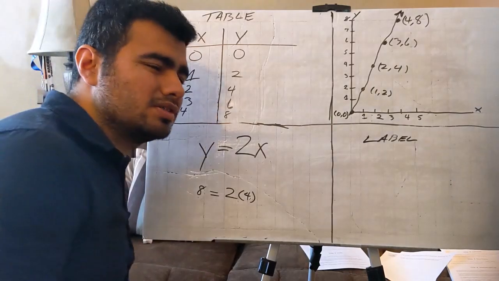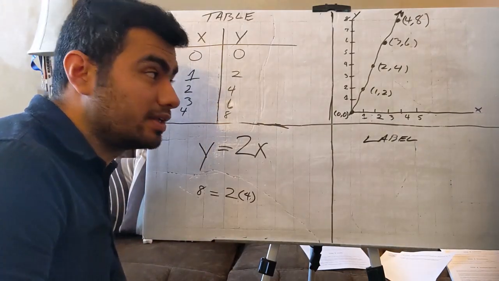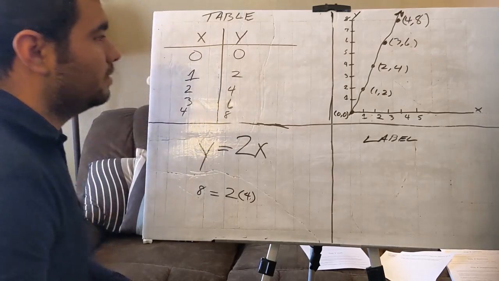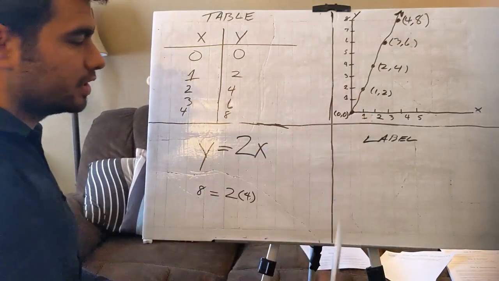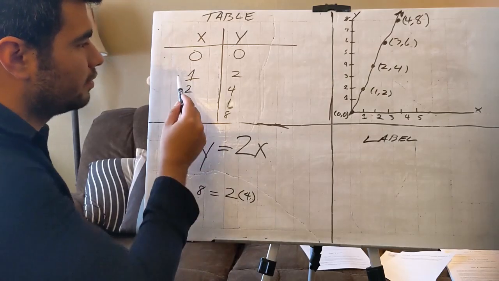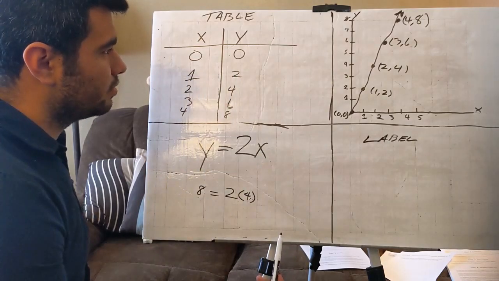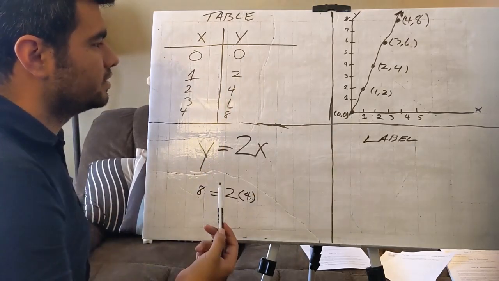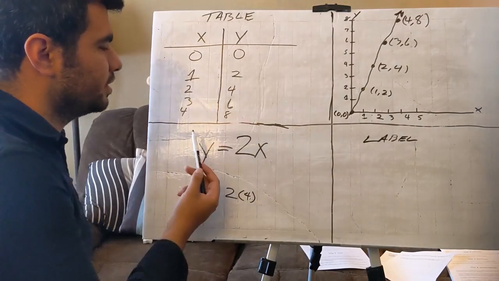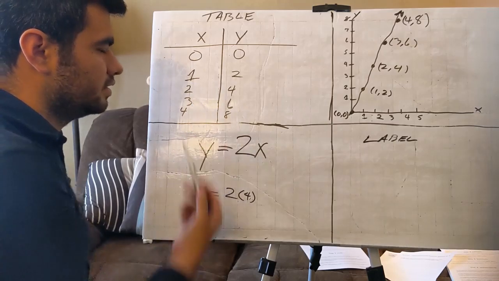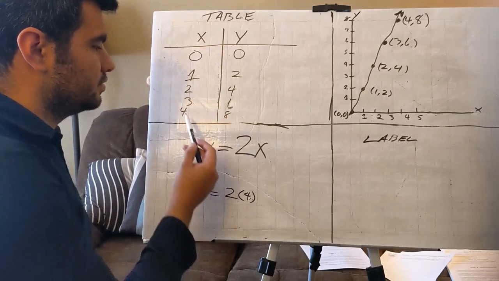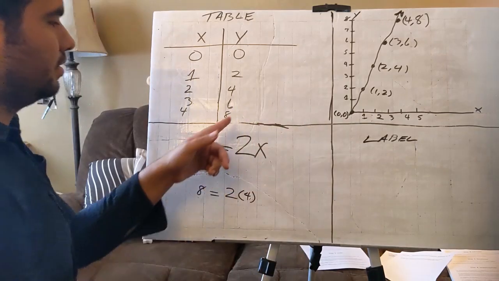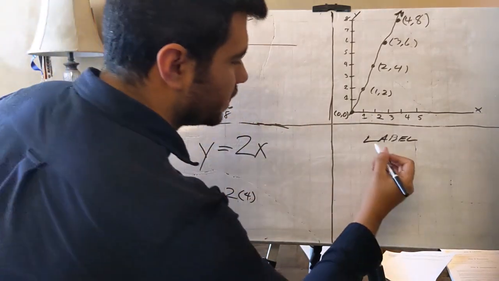This kind of goes back to the constant of proportionality. What do you notice that's happening? Is there a pattern here? Well, if we look at the table, if you look at the graph, for every one that we put in here, this goes up by 2. Put another one in here, this goes up by another 2. We add another one, this goes up by 2. We add 4, our trend goes up to 8.